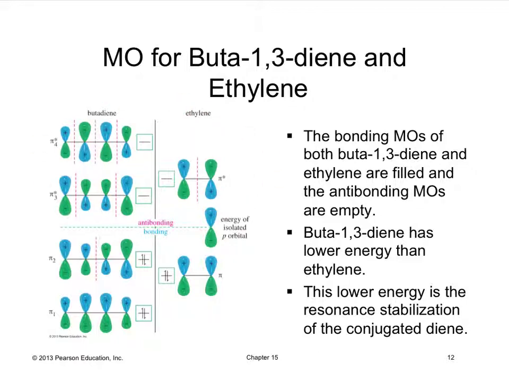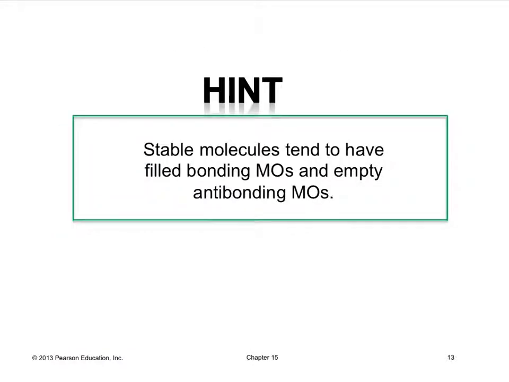Butadiene has lower energy than ethylene, right? As you can see, this is lower in energy than here. And this lower energy is the resonance stabilization of the conjugated diene. An important thing to note is that stable molecules tend to have filled bonding molecular orbitals and empty antibonding molecular orbitals.